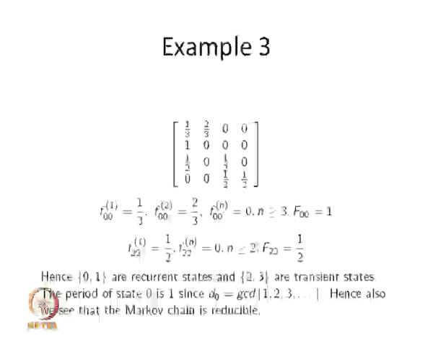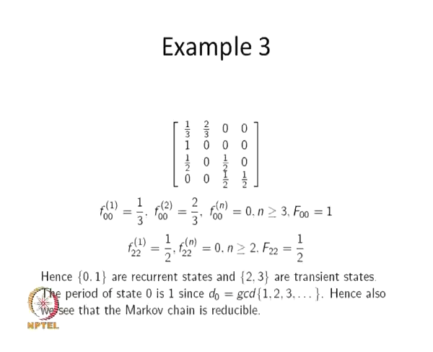So, 0 to 0 in one step, that probability is 1/3 and 0 to 1 is 2/3. Therefore, the row sum is taken care of, the summation of probabilities is 1. Now, I am going to state 1. State 1 to 0, that probability is 1, therefore that row is taken care of. Now, I am moving into state 2.